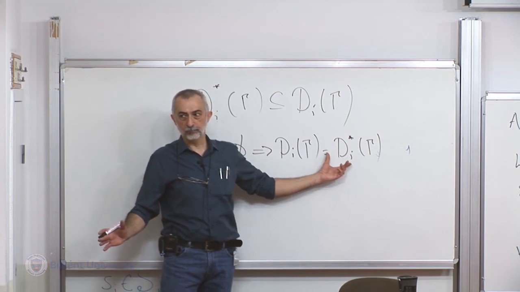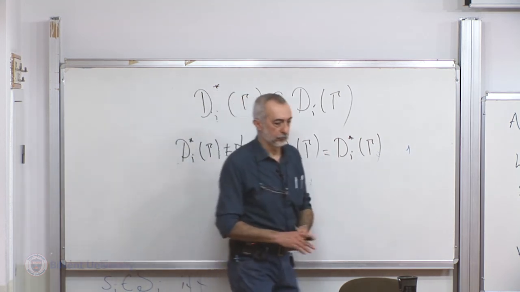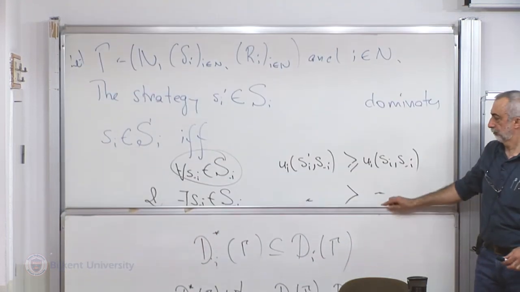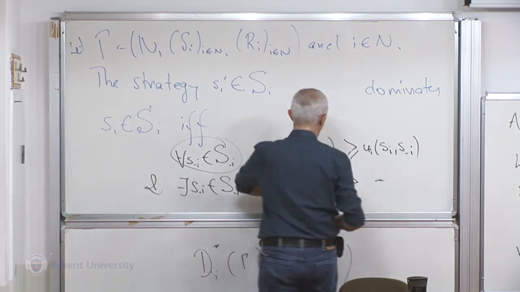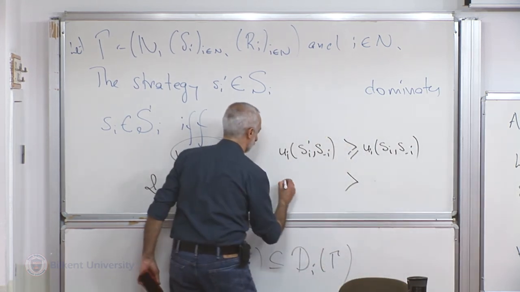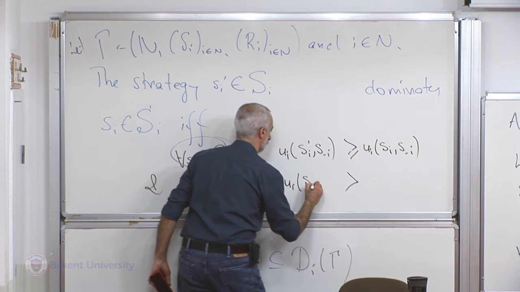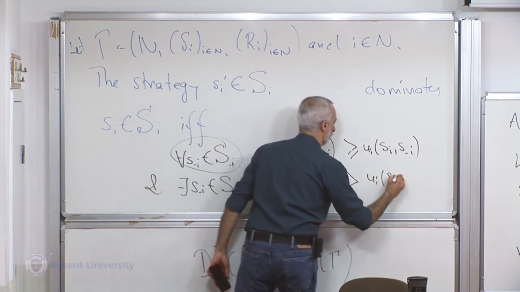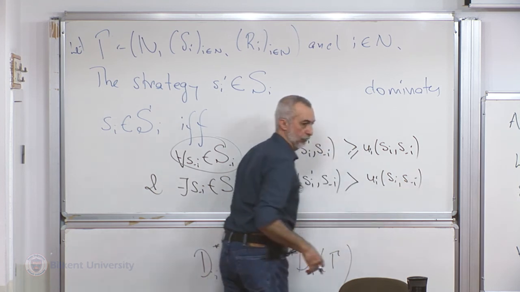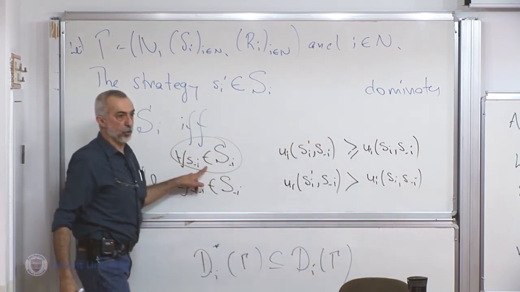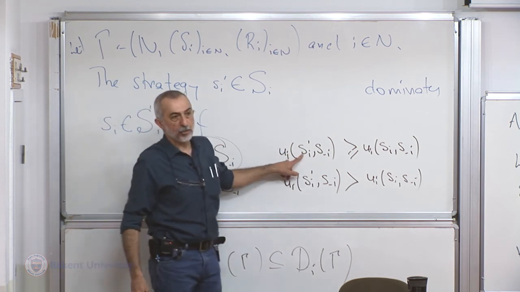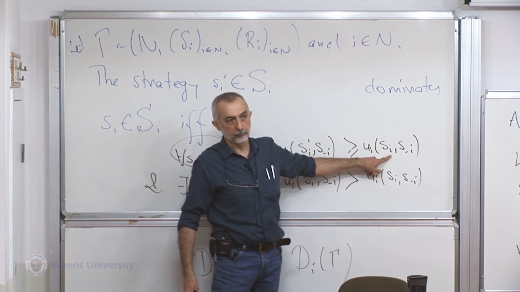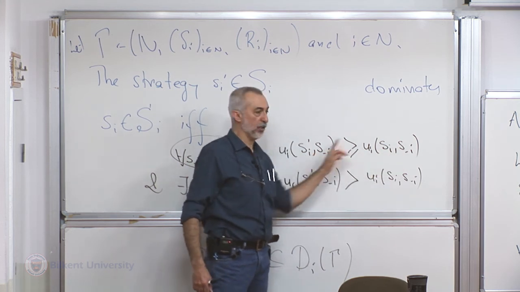Any questions? Yes, sir. Can I look at the definition? Sure. Actually, let me write it better. So no matter what your opponent does, si prime should not be worse than playing si, given that your opponents are playing s minus i.